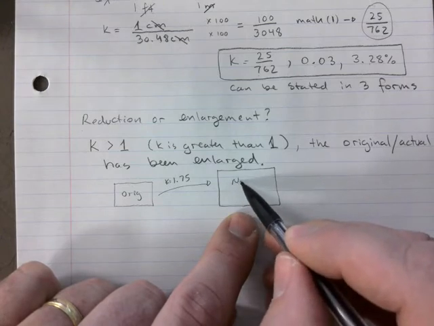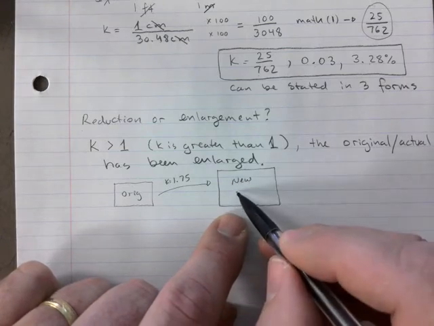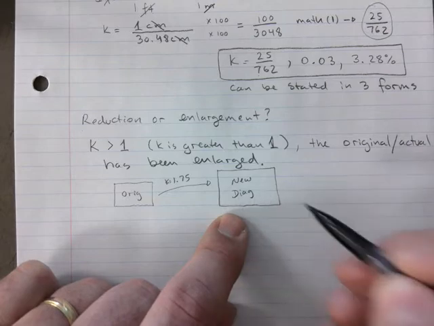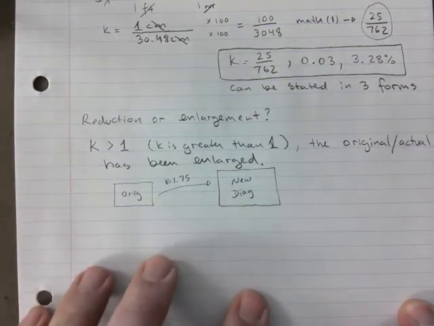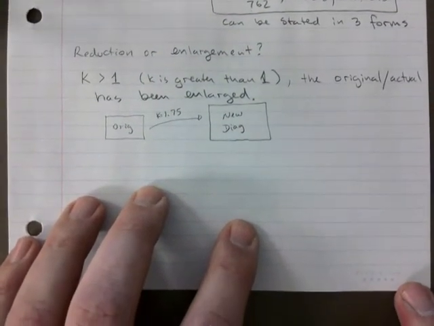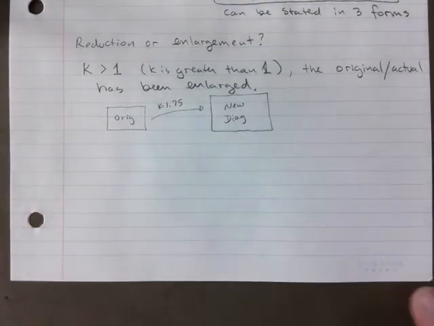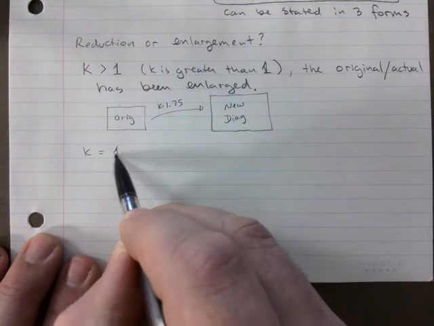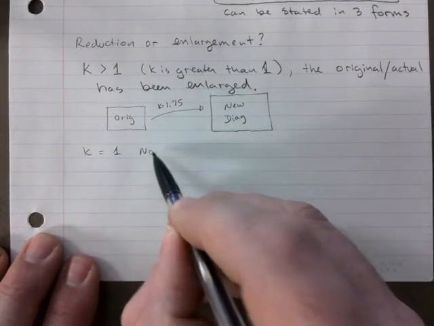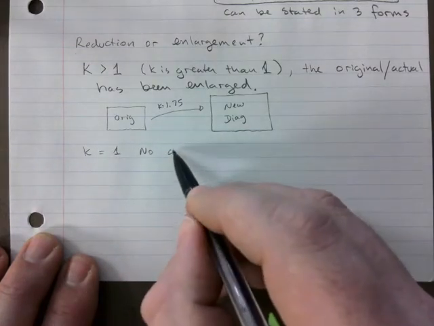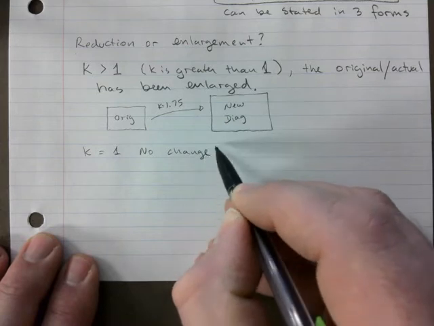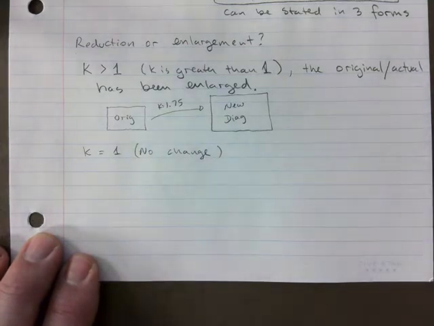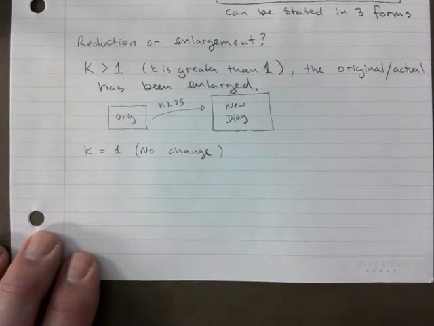So this could be a new or diagram, same thing. K is equal to 1, no change. You essentially have a copy of the original, right? If k is equal to 1, you're just making a copy.